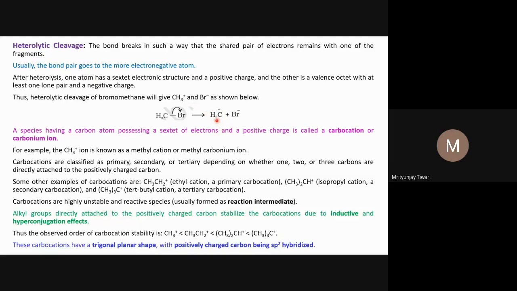But if you look at the number of electrons in CH3 plus and BH3 in the monomeric form, you will see they both have the same number of total electrons and the same number of valence electrons, so they are isoelectronic and isostructural as well.